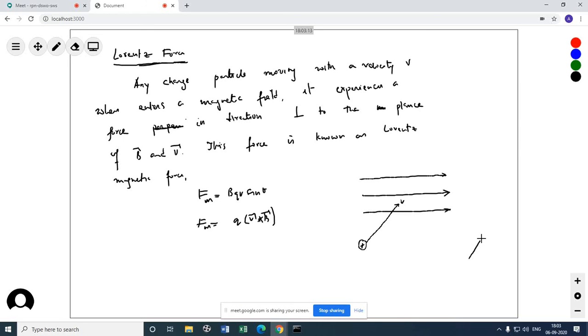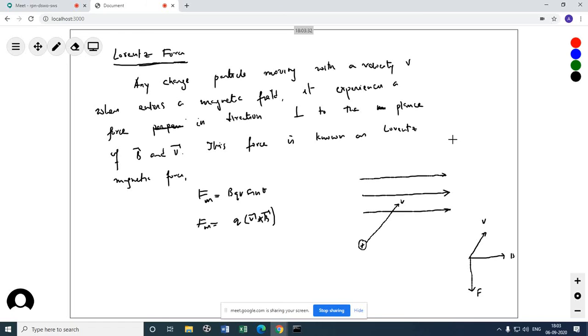This is the velocity vector, this is the B vector. So V cross B means the particle will experience a force directed downward.